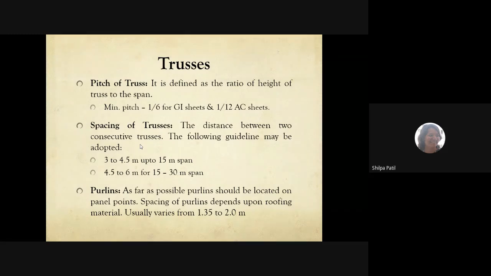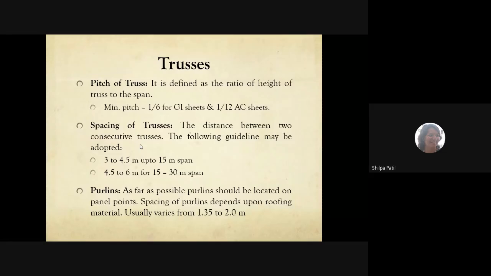Is it clear? Now the next important component of a truss system is called a purlin. Purlins are the members which rest above the truss, and the function of the purlin is to hold the roofing sheets.